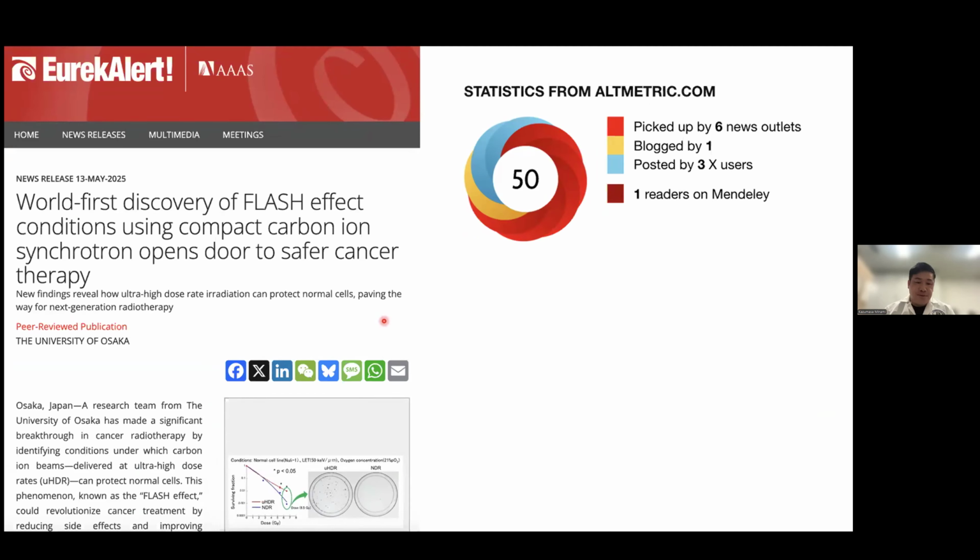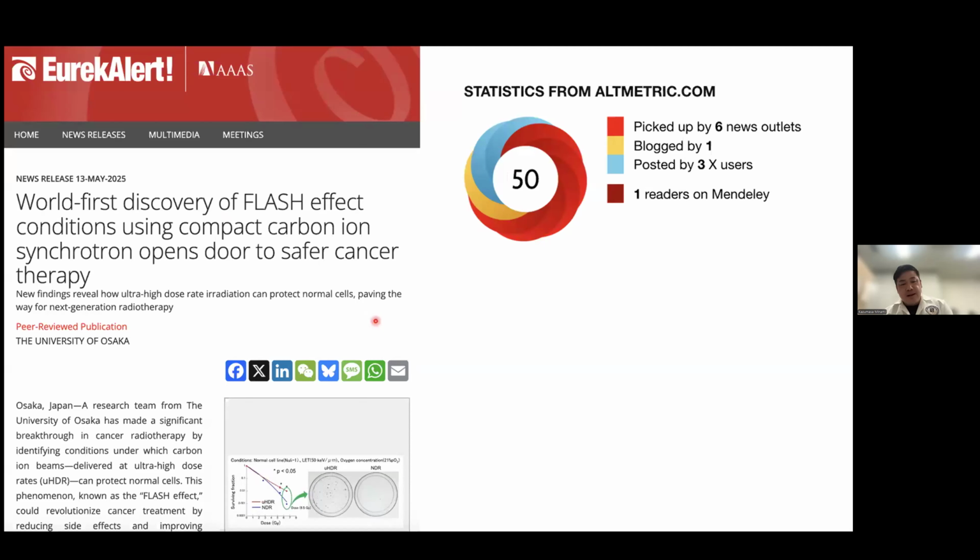In our group, we have successfully and reproducibly demonstrated the sparing effect in cells using the clinical irradiation system. This work was featured as a web topic by Science, the AAAS publisher, which led to a dramatic increase in this Altmetric score.